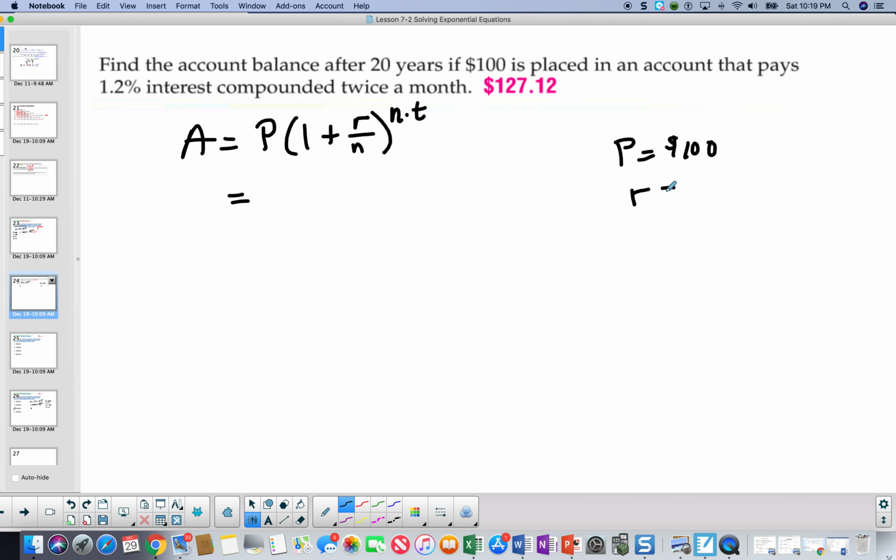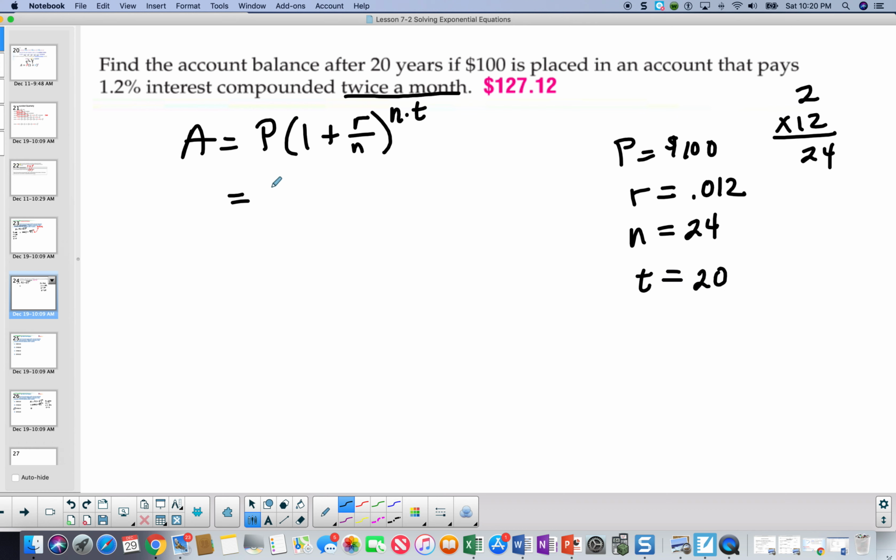The R in my problem is 0.012. Remember, you must change the percent to a decimal. And the number of times it's compounded, it says twice a month. So if it's compounded twice a month and there are 12 months, that means there are 24 times that it gets compounded. And then T will be equal to 20 years.